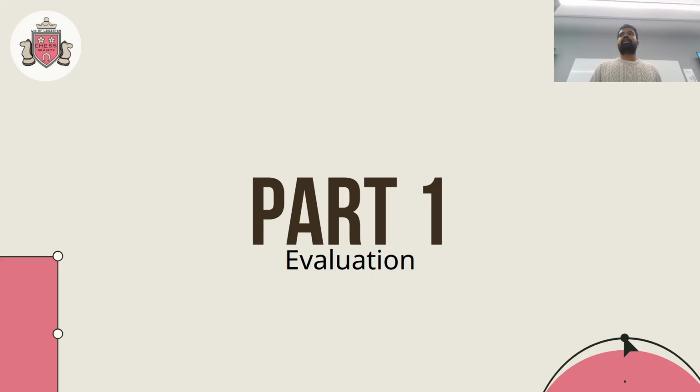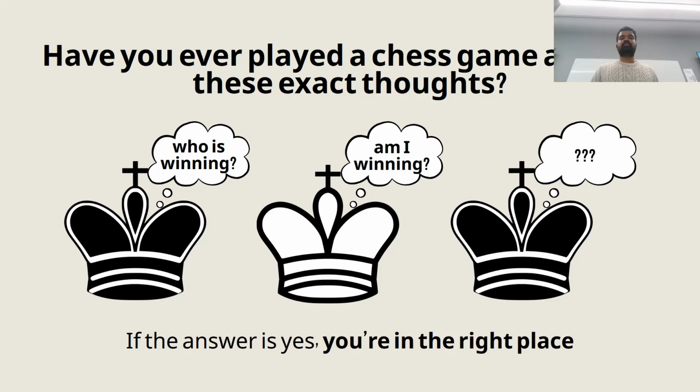So first of all, what actually is evaluation? But before that, have you ever played a chess game and been one of these kings and thought to yourself, what is going on? Who's winning? Am I winning? Are you winning? A lot of people have had these thoughts, and it's very common in beginners to not really know who's winning.